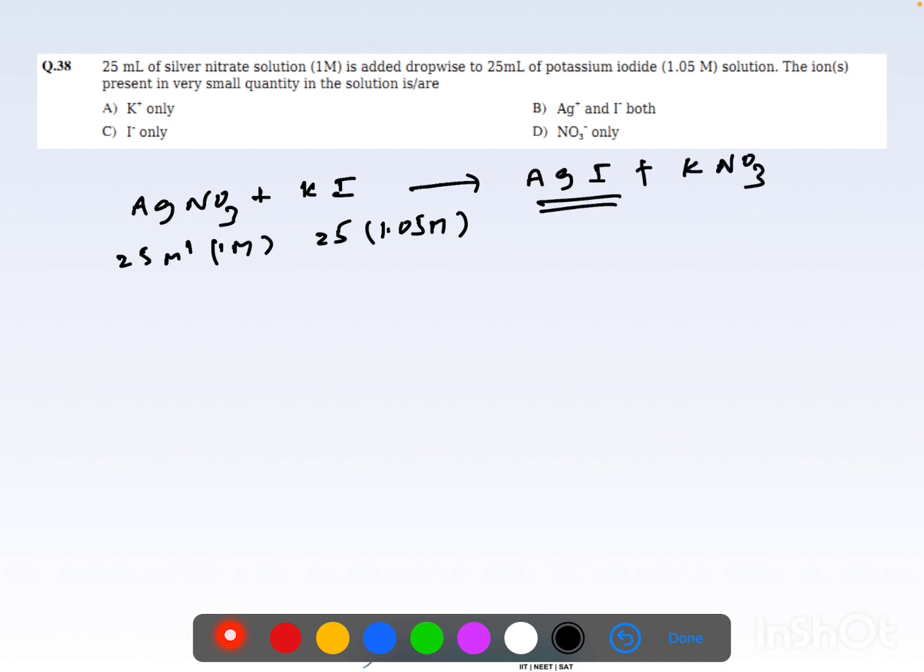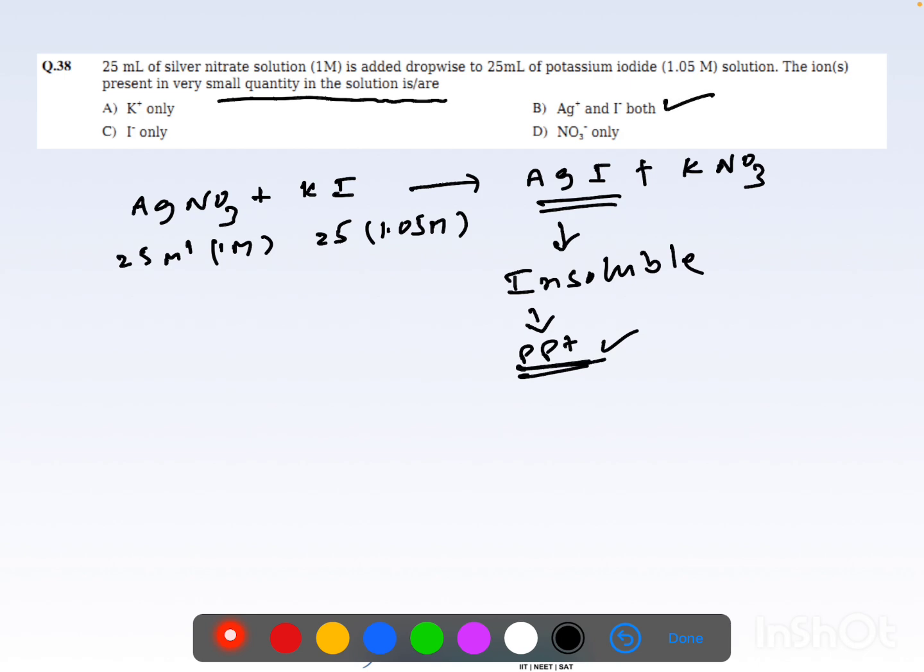Remember, AgI is insoluble in water and it is precipitated. So this we have seen earlier also. Since they are asking for the ion present in very small quantity in the solution, since it is precipitated, both Ag plus and I minus are present in least quantity, that is option B.